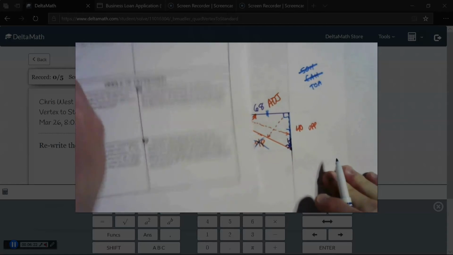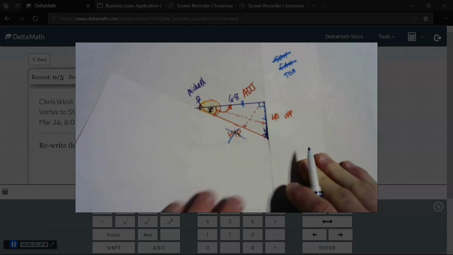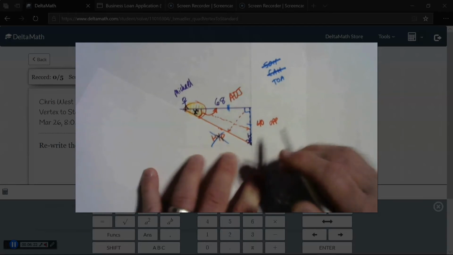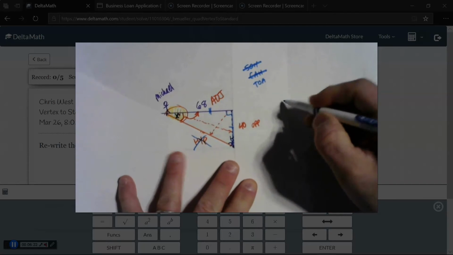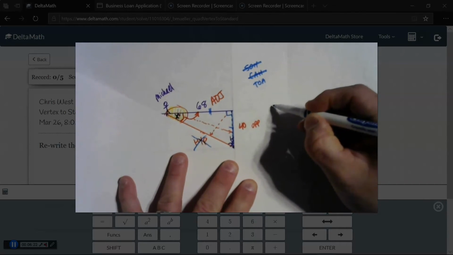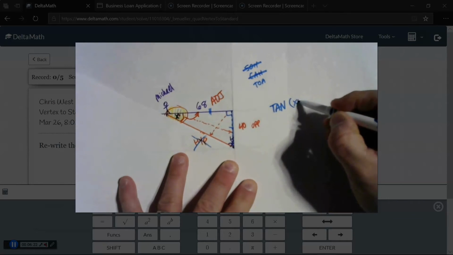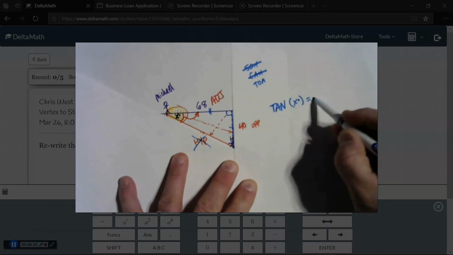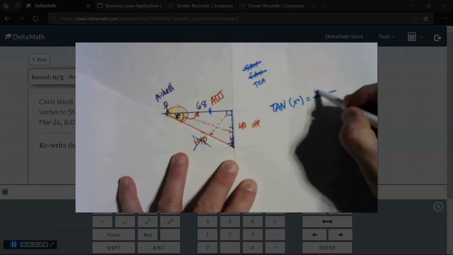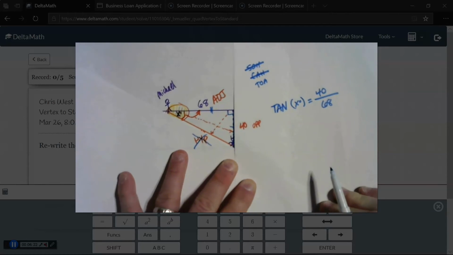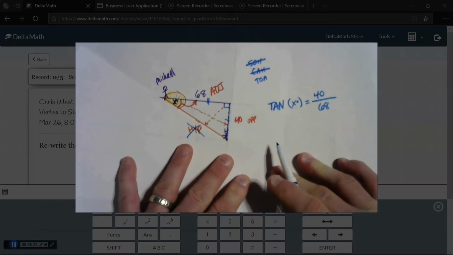Let me slide the work over a little bit. And we're gonna get to that Delta Math calculator, I promise. So we're gonna write this the way we always do. Tangent of x degrees, we don't know the degrees yet, equals opposite, 40, over adjacent, 68. Look at that, study it, figure out how I came up with that.